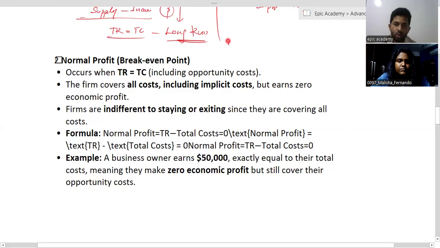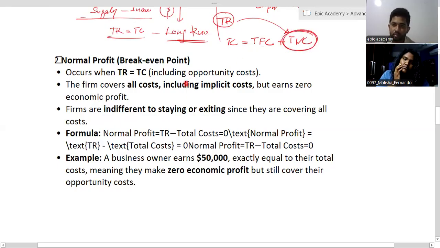Total cost equals total fixed cost plus total variable cost. If your TR, I mean earnings, is enough to cover the total variable cost, that is enough. Because in the short run, you cannot cover the total fixed cost. We already know that. But covering the total variable cost is the very important factor.